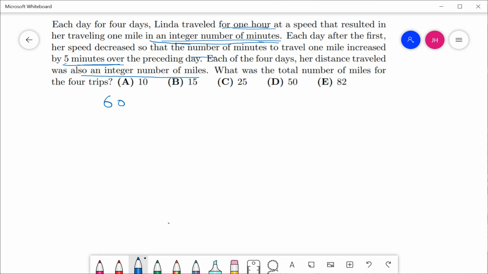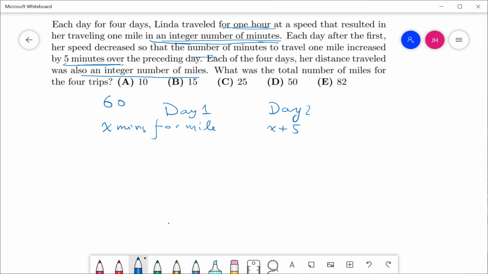And let's assume the first day it takes her, let's say, X minutes to travel a mile. So X minutes for a mile. All right, so that's day 1. And what happened for day 2? Day 2, it has to be X plus 5, right?